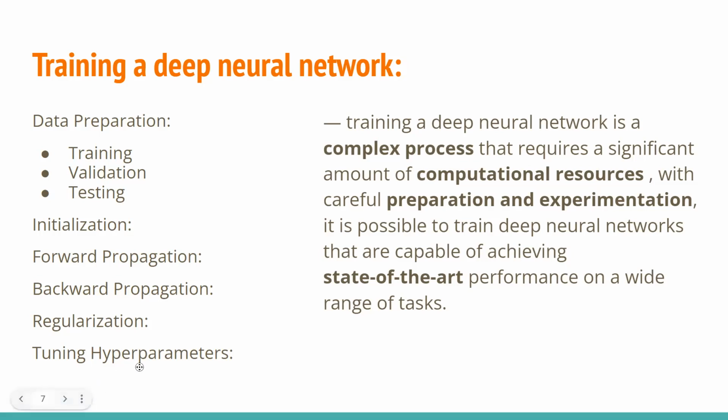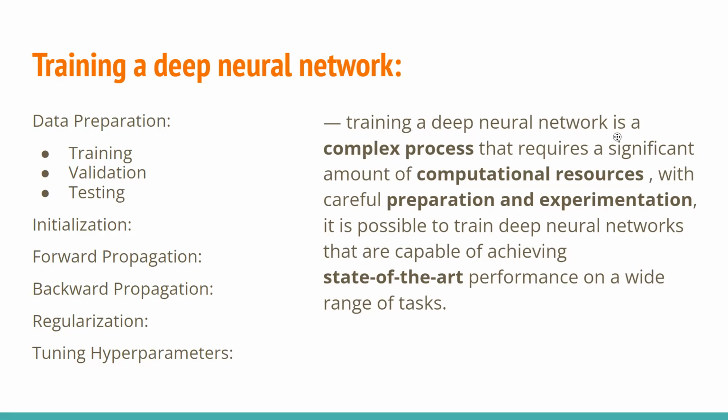Then hyperparameter tuning. There are parameters which need to be tuned according to our business scenario and our data set. So I kept here one paragraph, which is very important during our training.